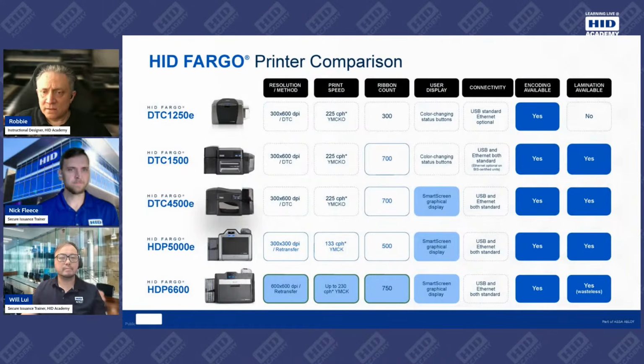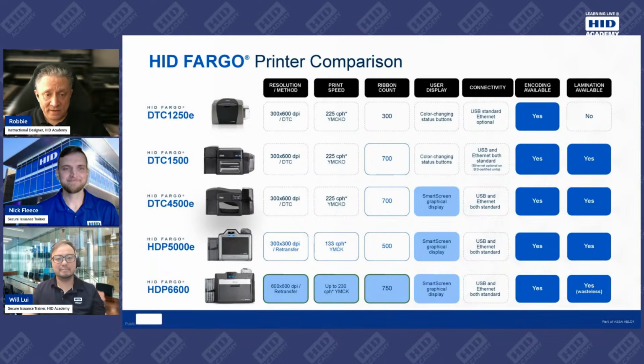Awesome stuff. And it's probably just worth explaining, because there might be some people watching today that may be new to the industry, new to the concepts here. We're very keen on using 3-letter acronyms in our business, so I'm always keen to make sure that people understand what they are. So DPI stands for dots per inch, so the more dots per inch, the finer the detail that we can print. And CPH stands for cards per hour.